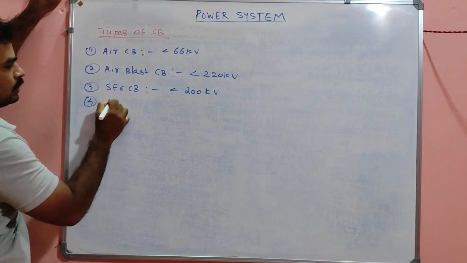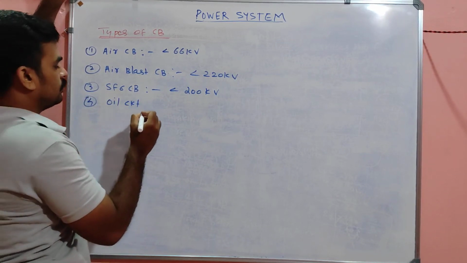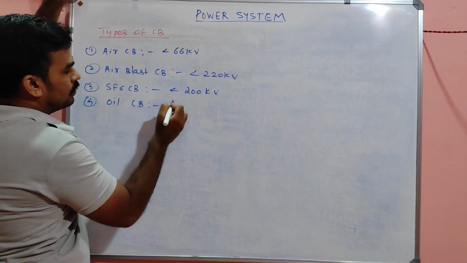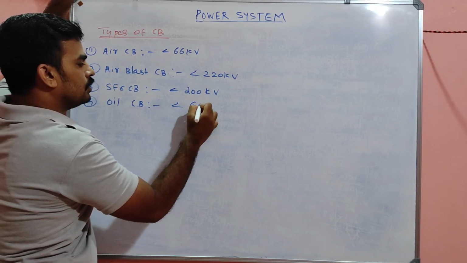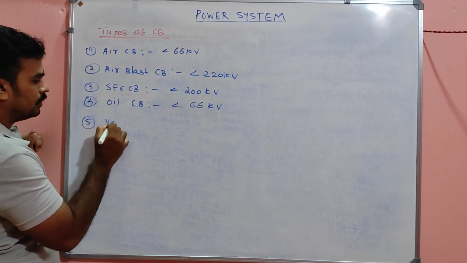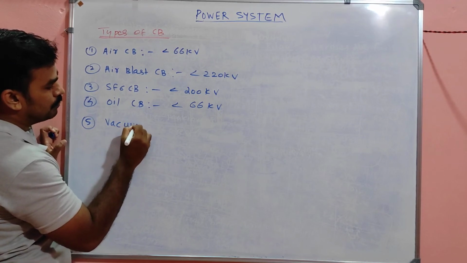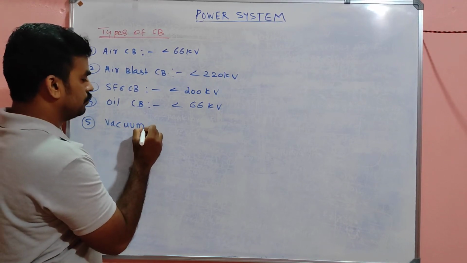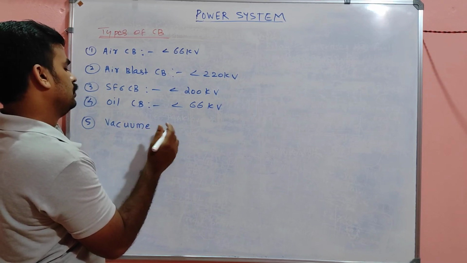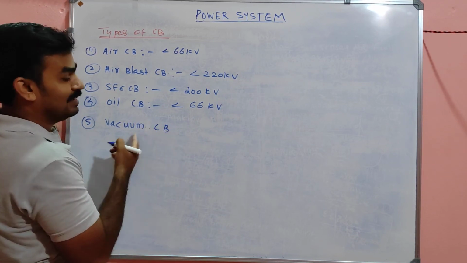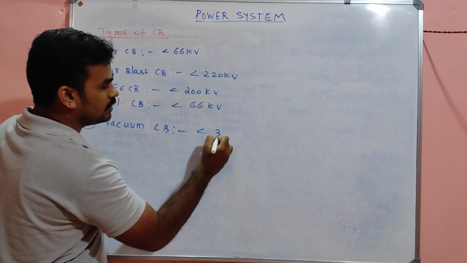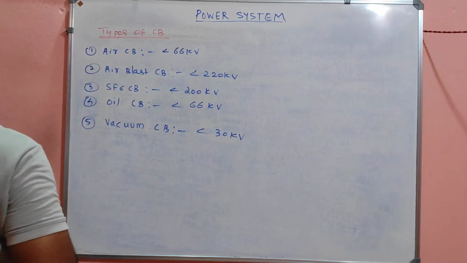And oil circuit breaker, use it for 66 kV again. And finally vacuum circuit breaker, and you can use it at less than 30 kV.